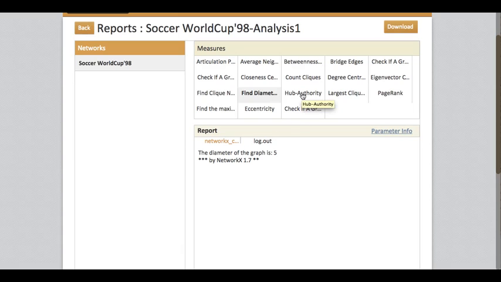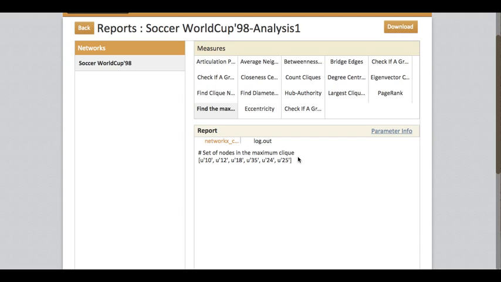Next, the maximum clique of my entire network. Largest clique, maximum clique, and set of nodes in the maximum clique.